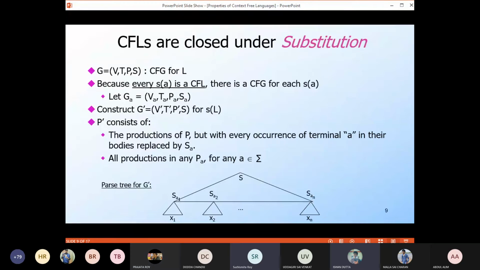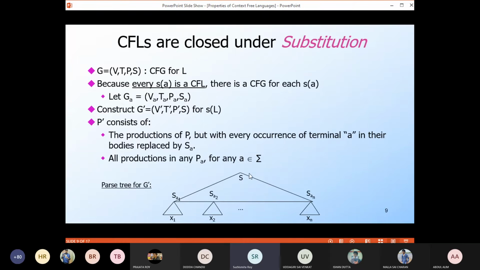Yes, ma'am. Just keep in mind that the top part of the parse tree comes from the original language for which we are substituting, and the bottom subtrees, the subtrees hanging at the leaves, which were originally leaves but have now been turned into subtrees, are the substituting languages, the ones which are substituting for each of the input symbols.